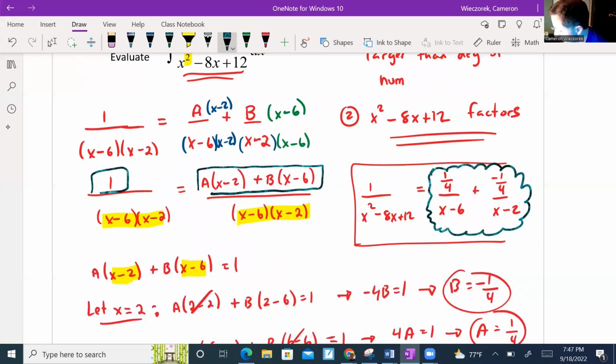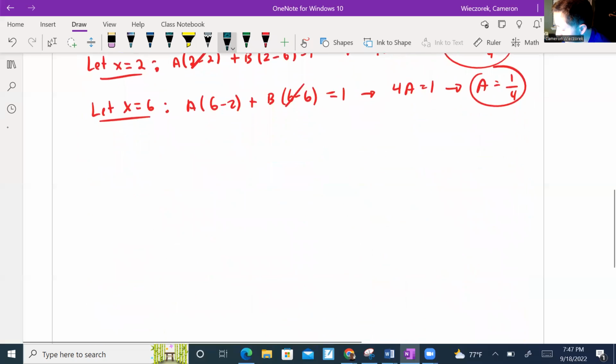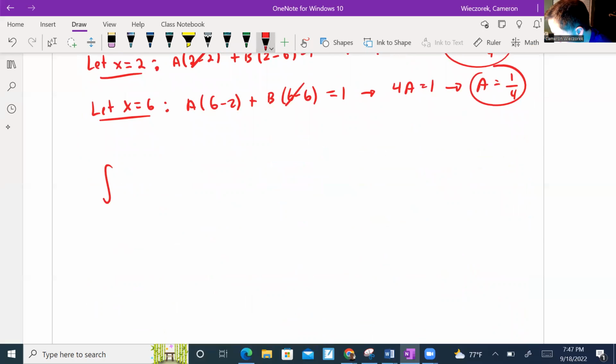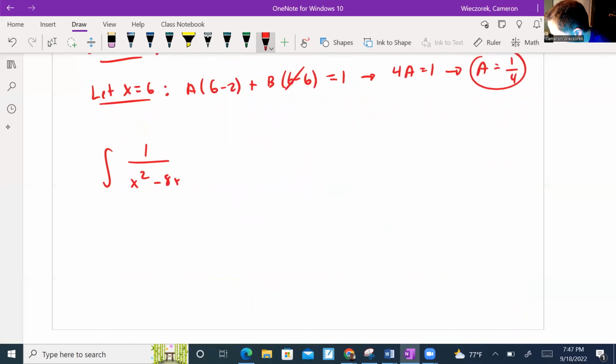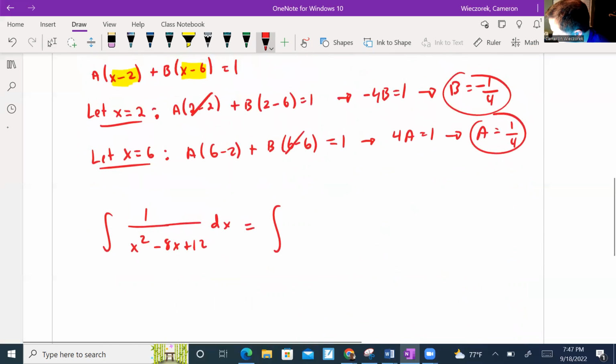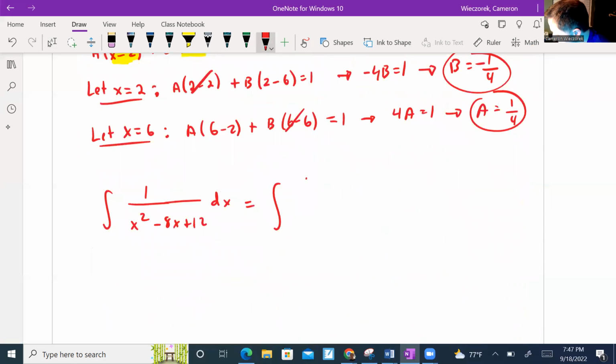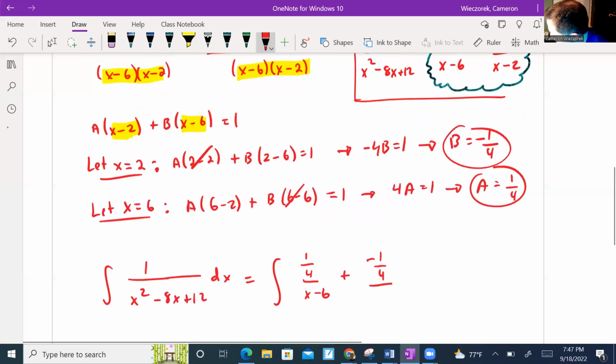So going back to our original integral, we were given 1 over x squared minus 8x plus 12 dx. And so what I'm going to do is write that as the integral of a, which was 1/4 over x minus 6, plus negative 1/4, or minus 1/4, over the other one, which was x minus 2.